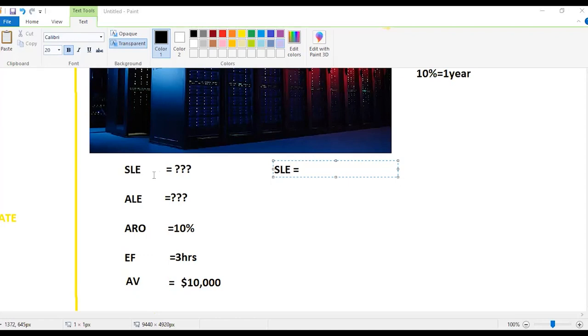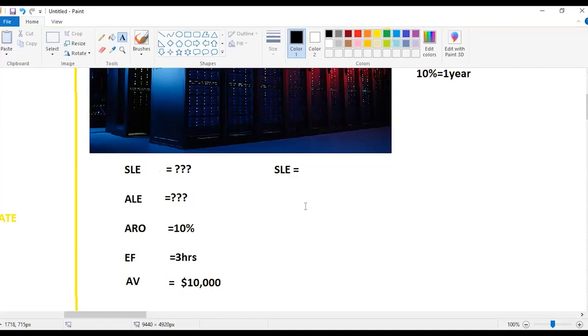SLE equals AV by EF. A student guesses AV divided by 12, since it is annual and needs to be divided into monthly.